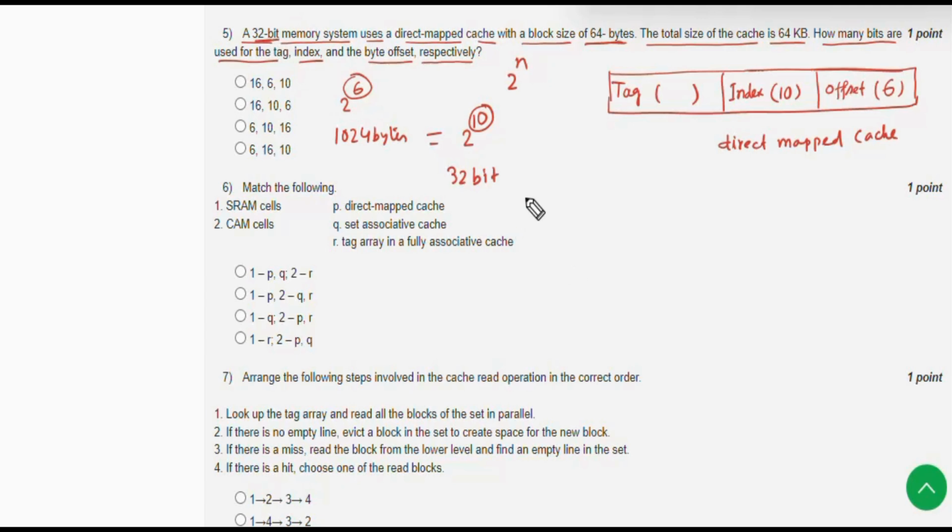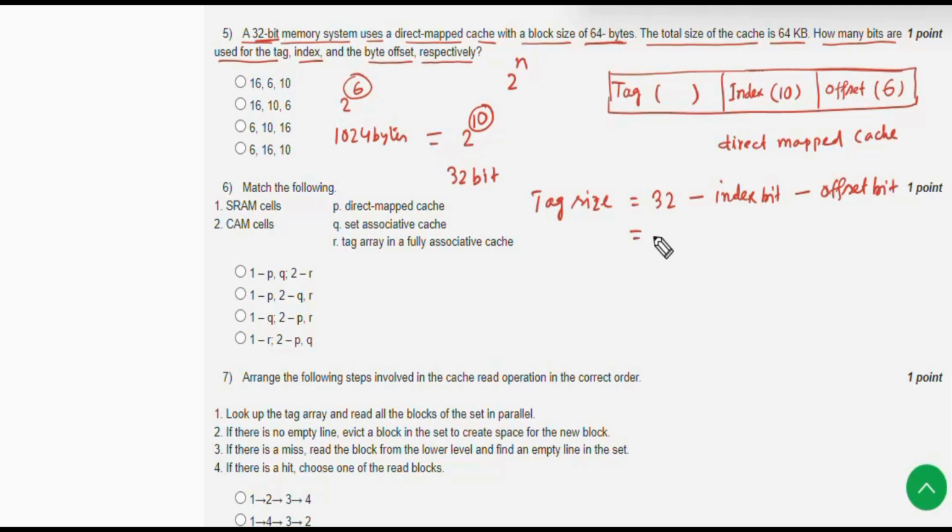Okay, so tag size will be 32 bits minus index bits minus offset bits.